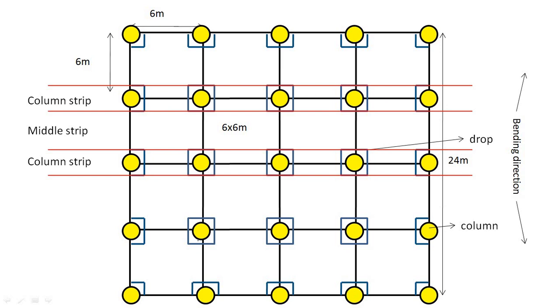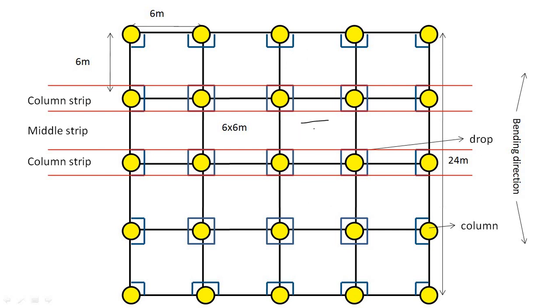Now the concept we have to understand is that this is the external panel, this is an internal panel, this is also an internal panel, and this is the external panel. So we have to design one interior panel and one exterior panel. First we take the interior panel.